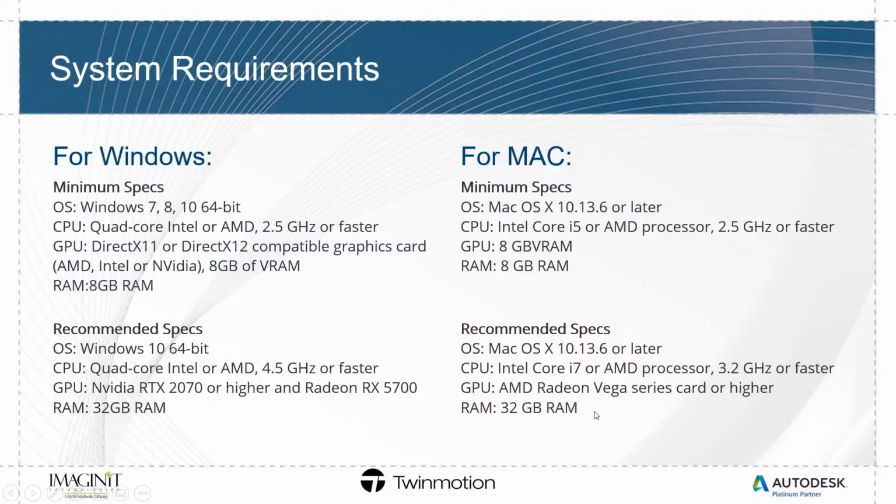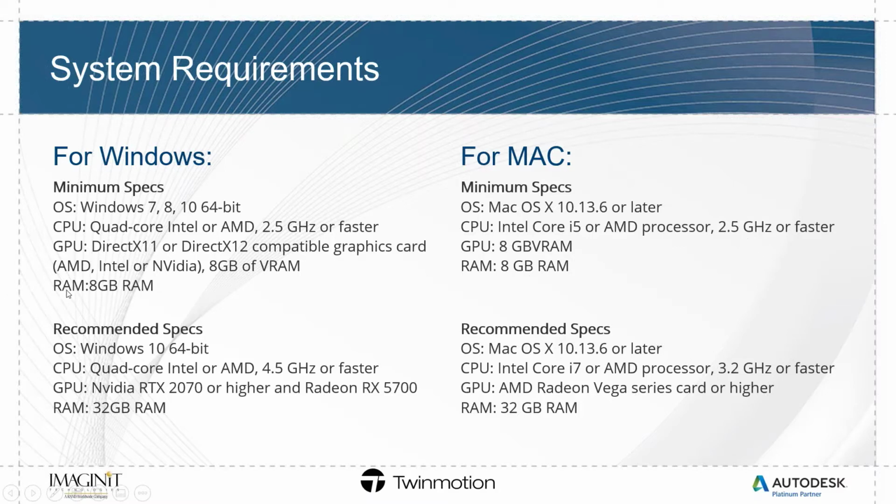So just in system requirements, let me go from the current slide here. For those of you that are wondering, these are the system requirements. With any real-time render, whether it's Twinmotion, Enscape, Lumion, they're going to require some pretty beefed up graphics cards. So that's probably the most important thing, a good graphics card with a good amount of memory based on the size of your scene.